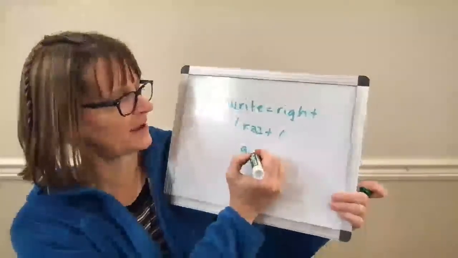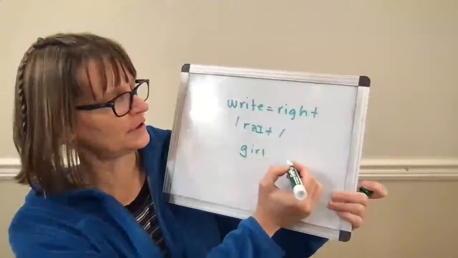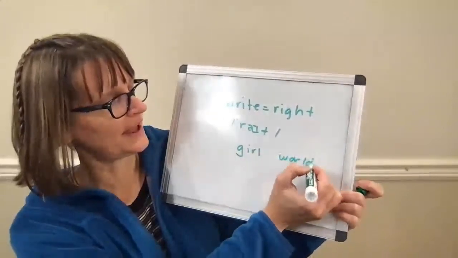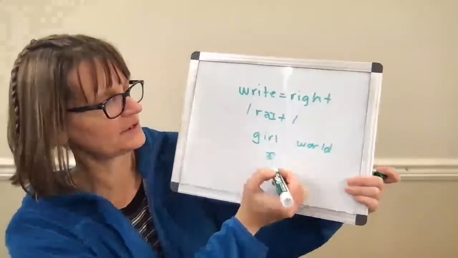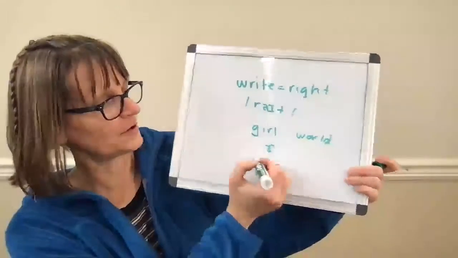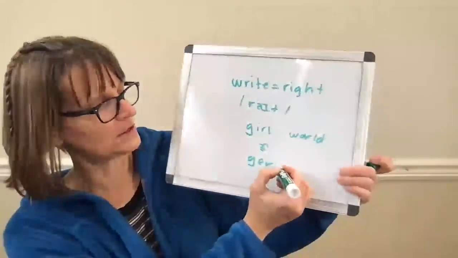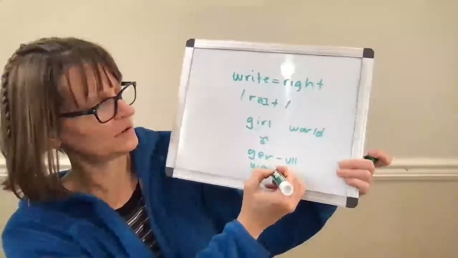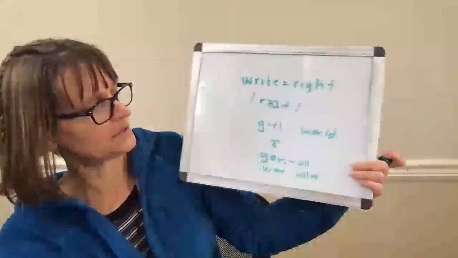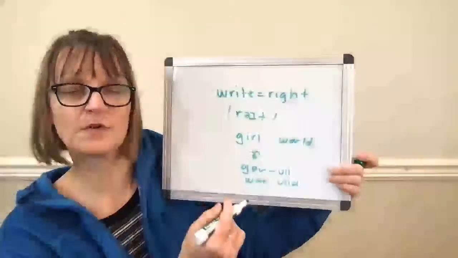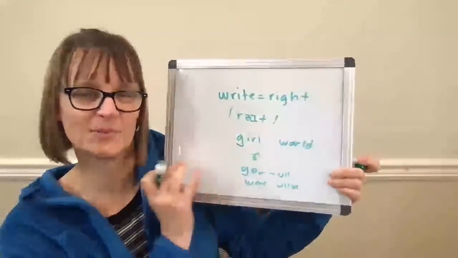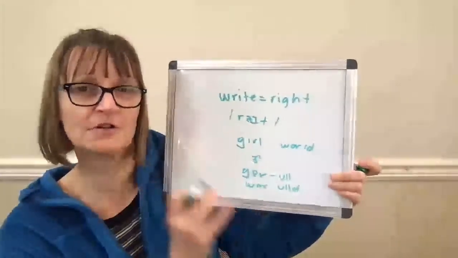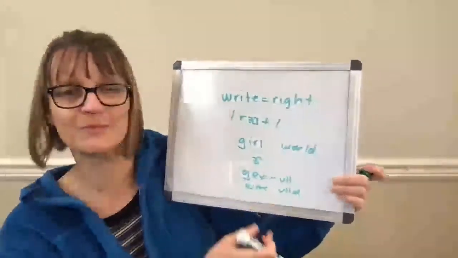You just want to think about that both girl and world have the sound. So thinking about and then girl and world. So they're one syllable words, but kind of breaking it up and stretching out your is going to help you for both of those words.